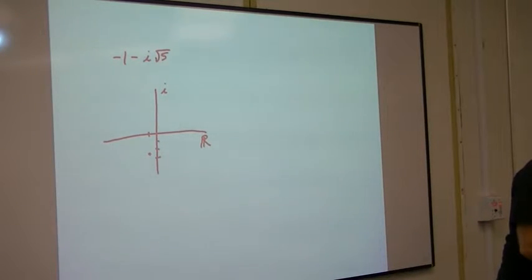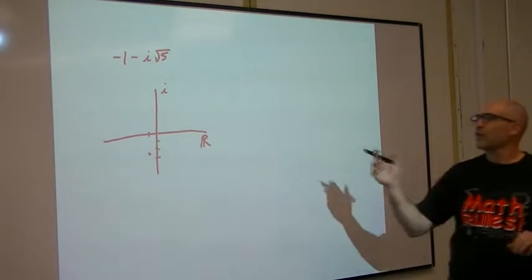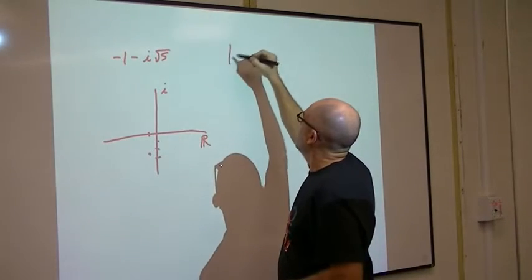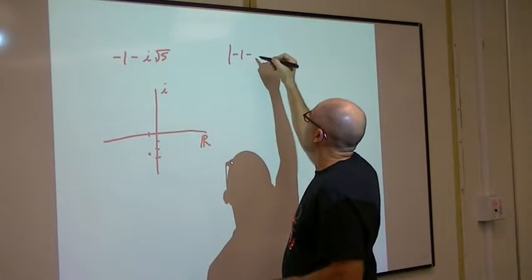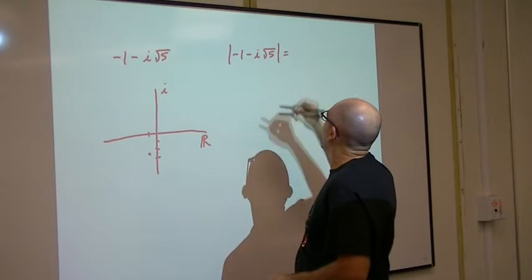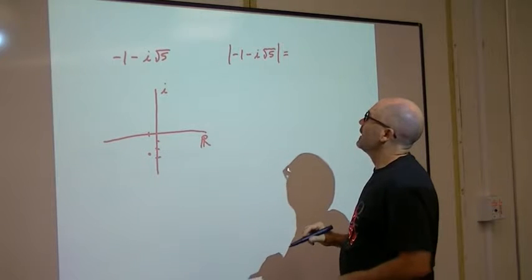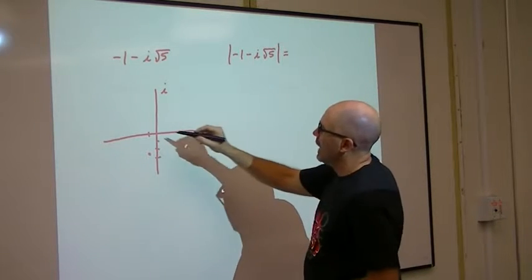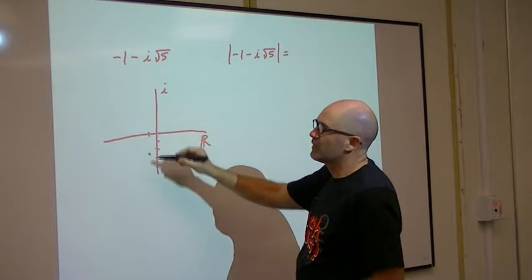Next, the other thing we're supposed to do is find the absolute value of that. So, what is the absolute value of -1 minus i square root of 5? Well, let's just do a general one. Absolute value is just the distance from the origin.